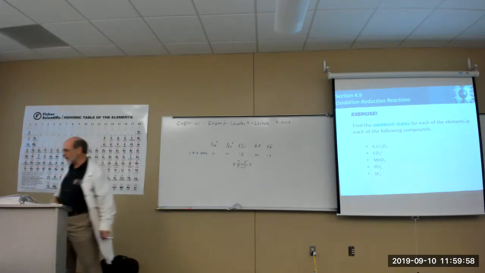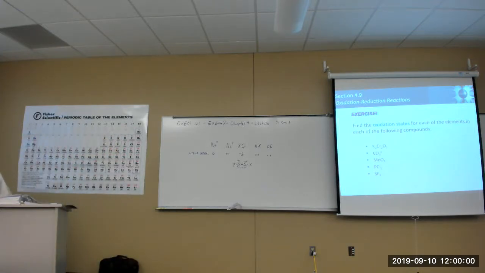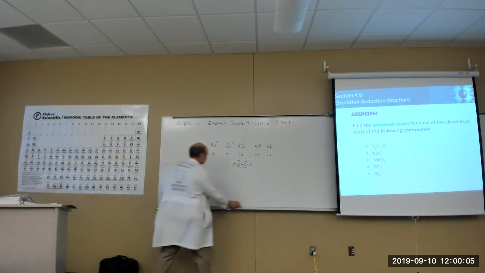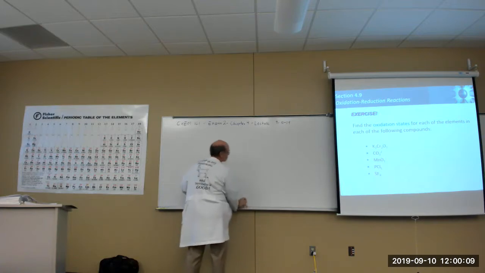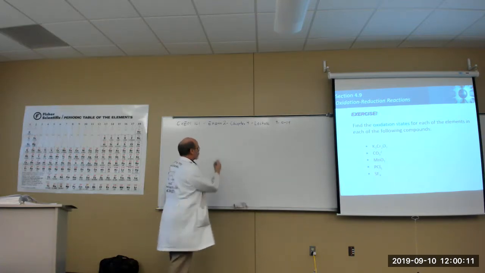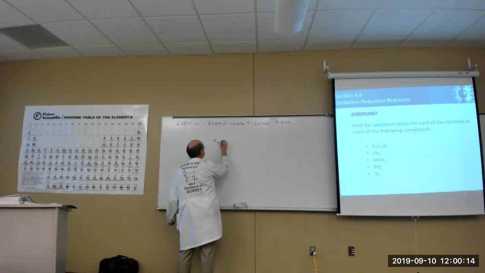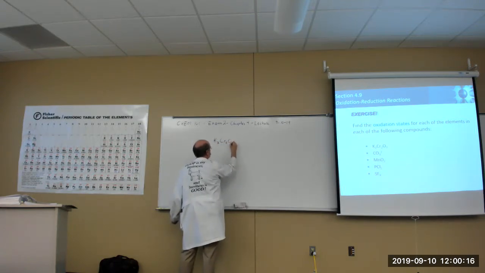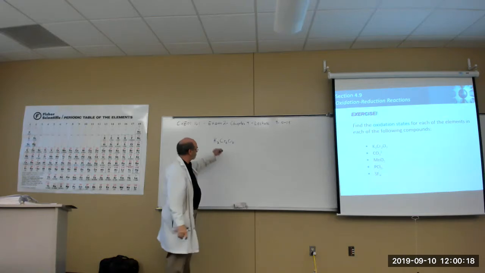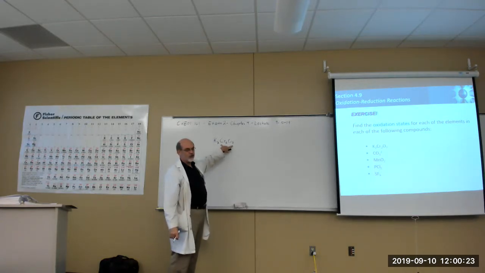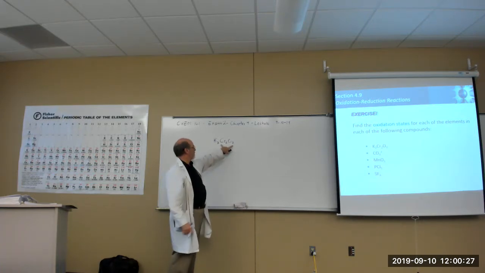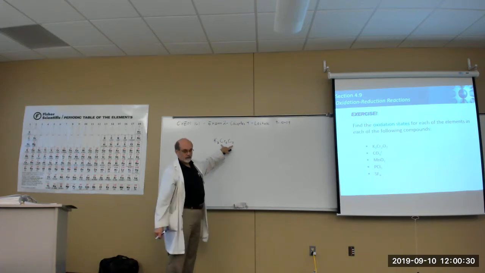Now let's see if we can determine the oxidation state for each one of these using our rules. K2Cr2O7. Polyatomic ion, right? 3 elements, one of them's oxygen. That was the polyatomic. Dichromate. Dichromate has a 2- charge total, if you want to separate it out.